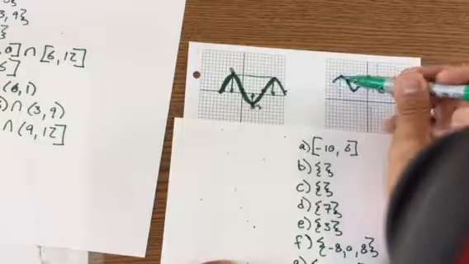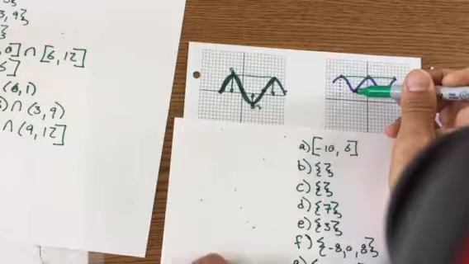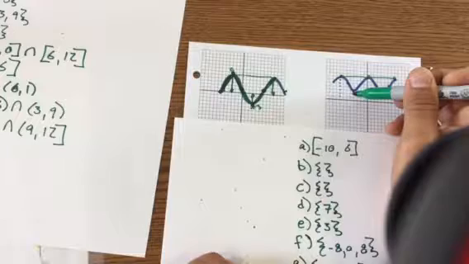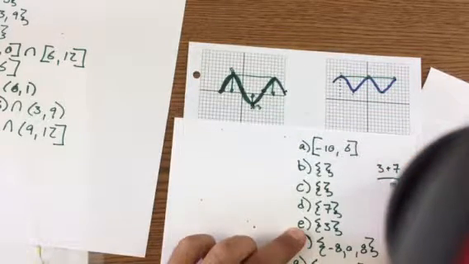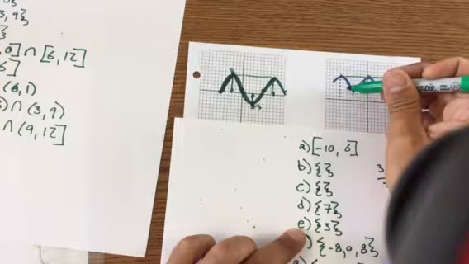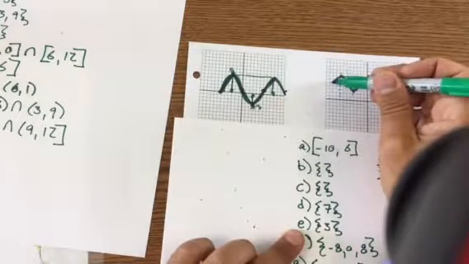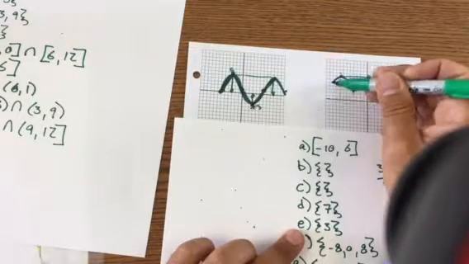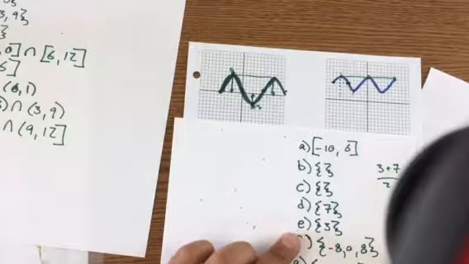Concave down is going to be from here until halfway here. So this is 3, this is 7. Add those together. 10 over 2 is 5, so I want the height of 5, which is right here. So from here to here, which is negative 10 to negative 6.